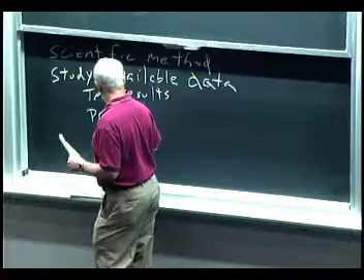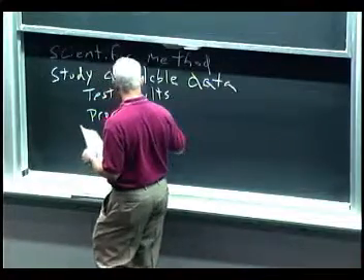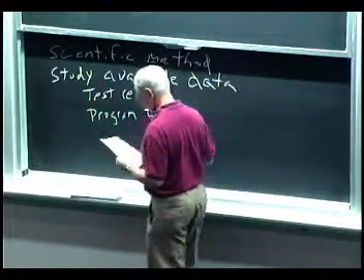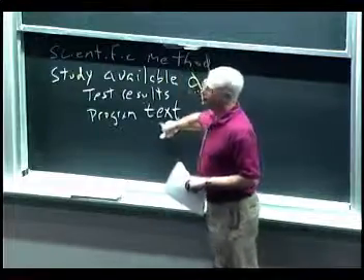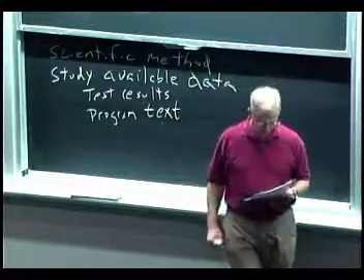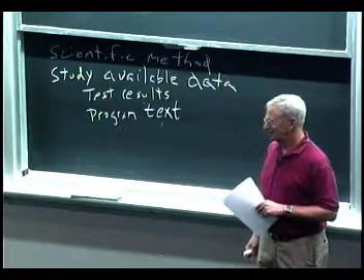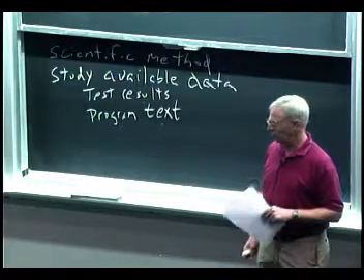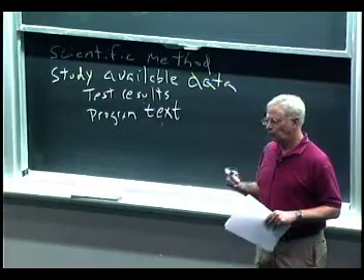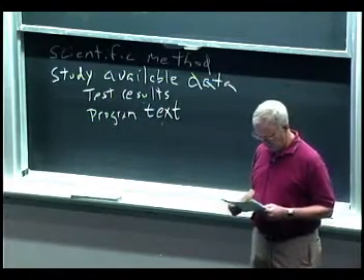The other big piece of available data we have is, of course, the program text. As you study the program text, keep in mind that you don't understand it, because if you really did, you wouldn't have the bug. So read it with a skeptical eye.